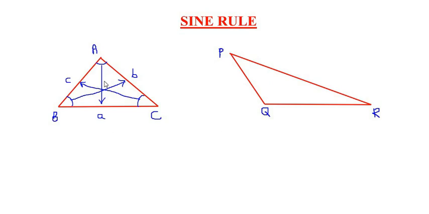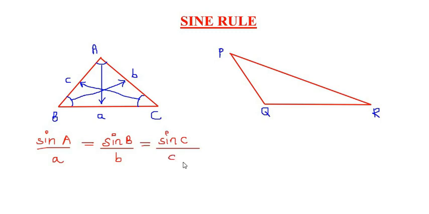So this is the first thing you need to write in a sine rule. Angles are given, so name their opposite sides. Now the way we write the sine rule is sine of angle A over its opposite side, which is a, equals sine of angle B over its opposite side, which is b, equals sine of angle C over its opposite side, which is side c.